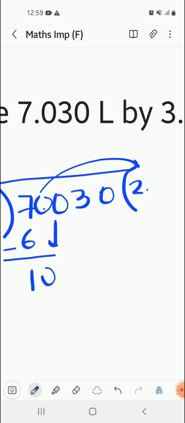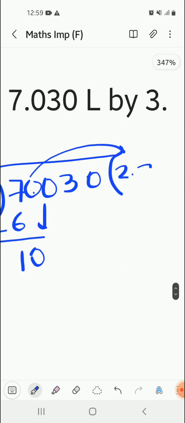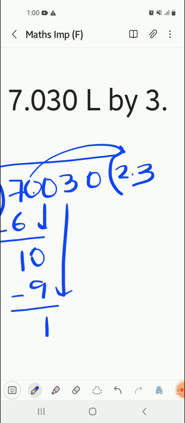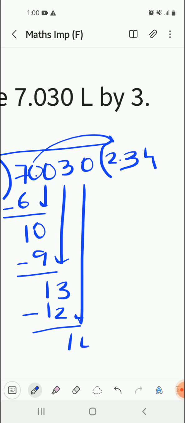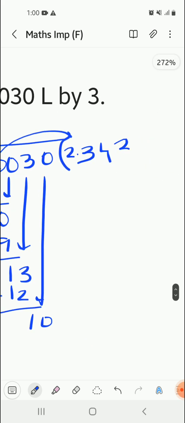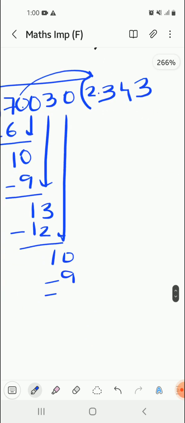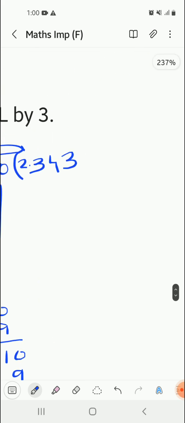Then again 0. 3 into 3, 9. 1. Then there is 13. 3 into 4 is 12. 1. Then 0. 3 into 3 is 9. Then again 1. Now see, over here it will continue in this manner. The 1 is remaining here. Again if we write 10, this will continue. Again there will be 9 and this way it will continue.